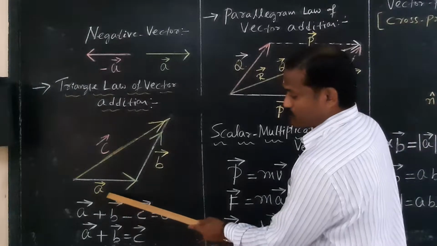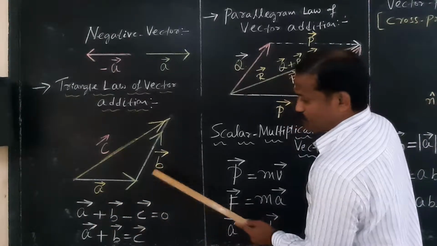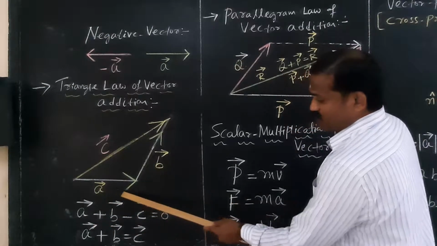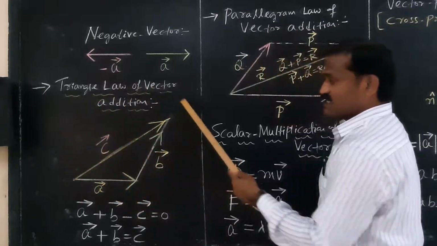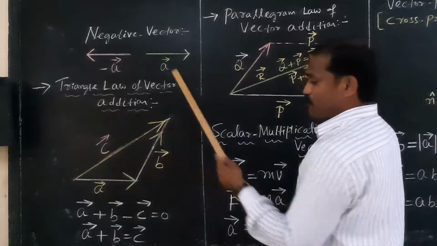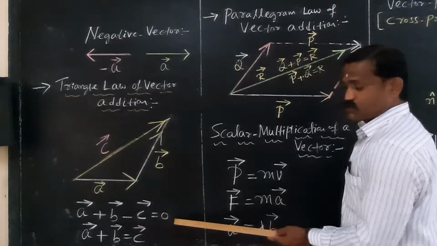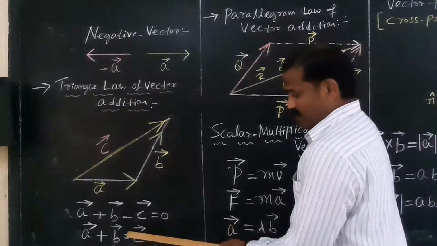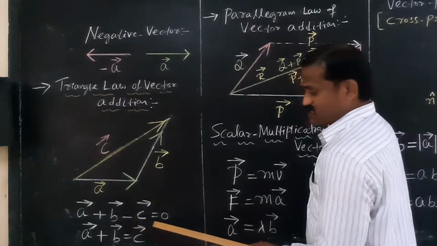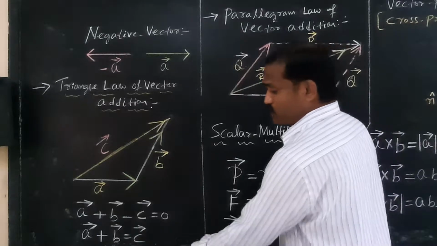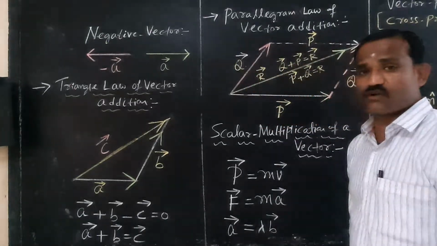From the diagram, vector A plus vector B are in the anti-clockwise direction. Am I right? What about vector C? Vector C is taken in the opposite direction. Therefore, A plus B minus C is equal to 0. Minus vector C is taken to the right hand side and becomes plus vector C. Therefore, vector A plus vector B is equal to vector C.